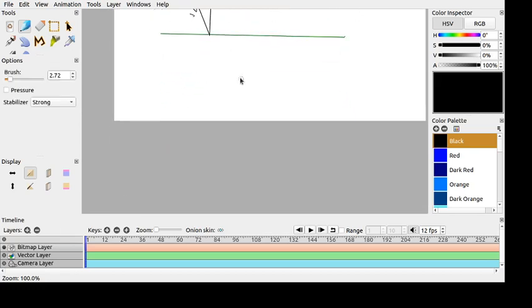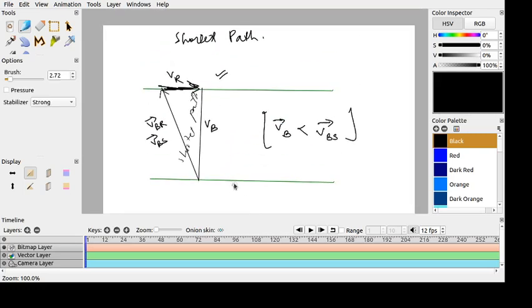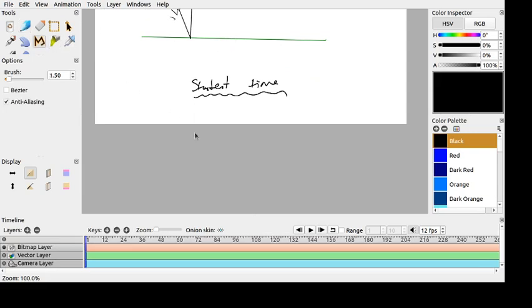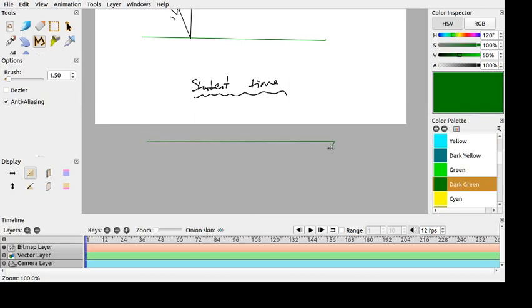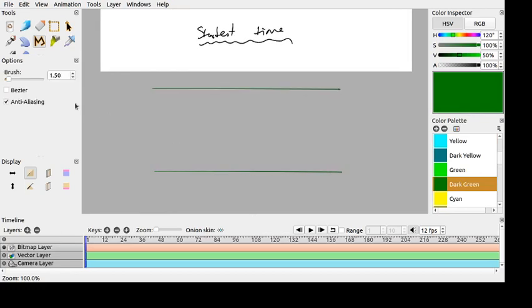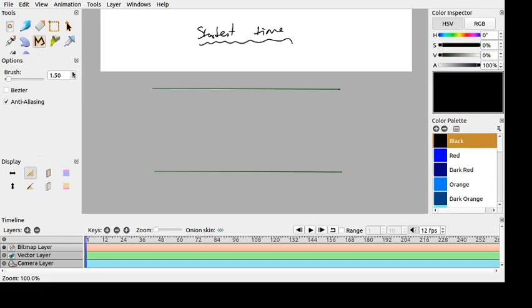Okay, once this is understood, the next concept is about shortest time. Shortest time means that the body is moving with the highest speed, isn't it so? So if this, let's say, is the river, then this becomes the actual path, that is the velocity of the boat.